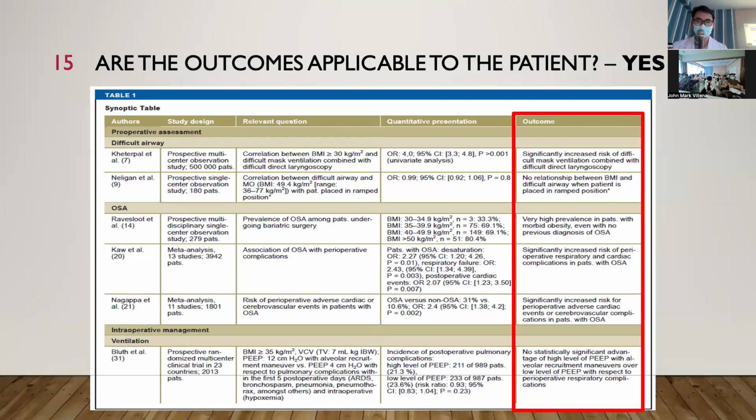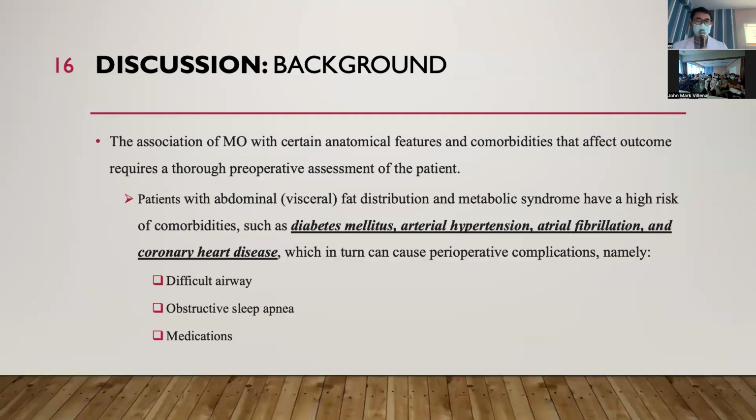So, seeing as these outcomes are those used in the current guidelines and recommendations issued by specialist societies, it is only appropriate to say that the outcomes are applicable to the patient and should be guides for complications that one should anticipate in the anesthetic care of obese patients. So, the association of morbid obesity with certain anatomical features and comorbidities that affect outcome requires a thorough preoperative assessment of the patient.